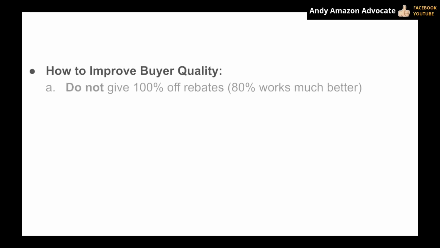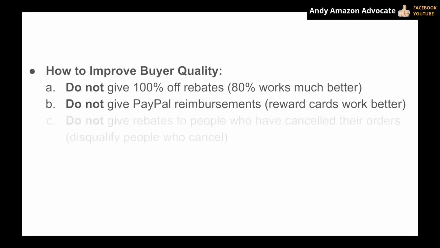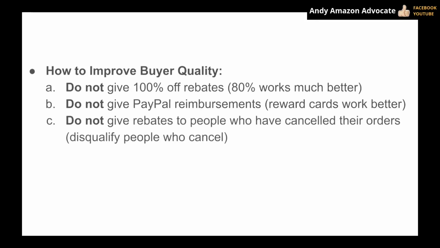Another tip to improve buyer quality and keep out these deal seekers is don't give rebates to people who have canceled their orders. If somebody has canceled a rebate order, you don't want to be giving them a rebate, and you don't even want these people in your deals. But you might be wondering, how do you keep out people who cancel rebates from anyone on Facebook?